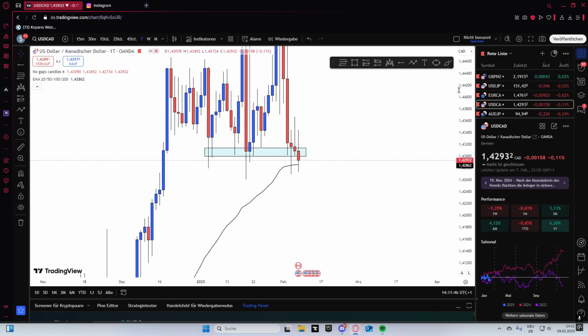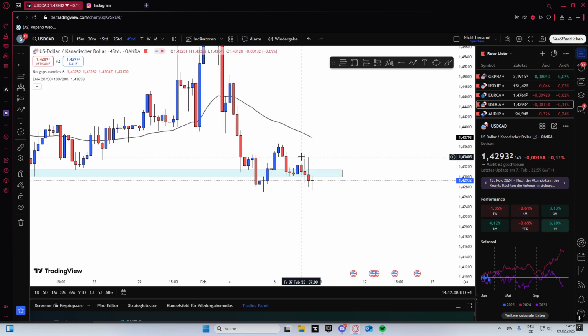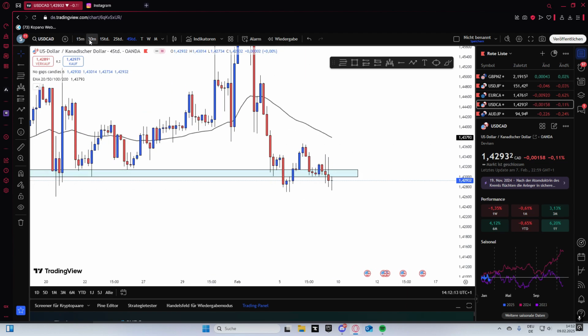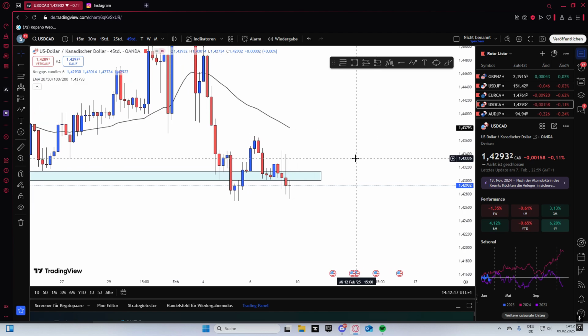Yeah, what I'm waiting for is, as I said, a break and retest on the daily. When we retest this area of interest, I want a 15-minute or 30-minute shift of structure and an engulfing as always to sell to the downside.